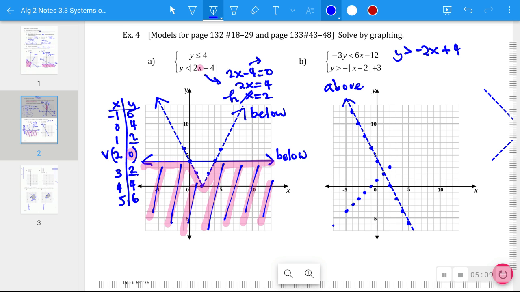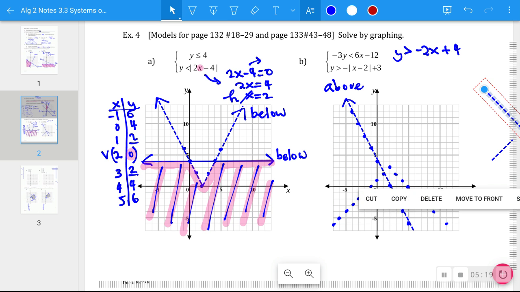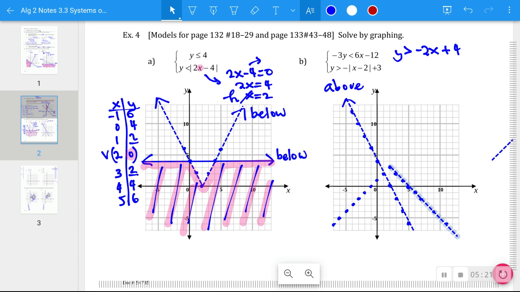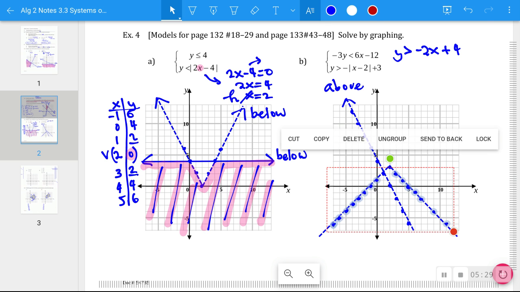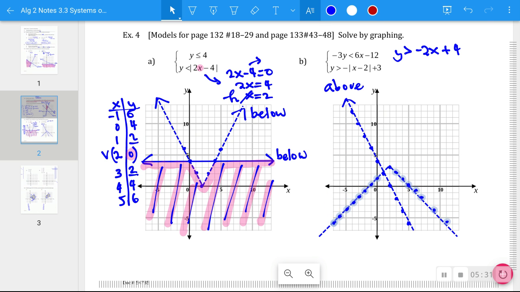And I'll make this cut the corners like this and then go down in the other direction. Okay, so we're going to make our V at this point. Here's the right arm. And here's the left arm. Oops, sorry. Okay, so we got our V, and both of these are dashed borders.